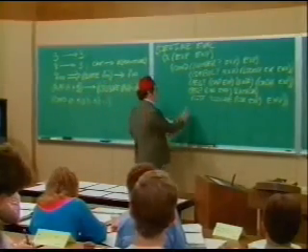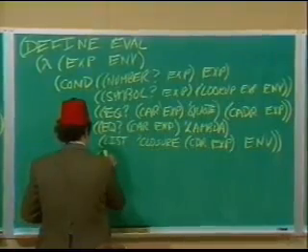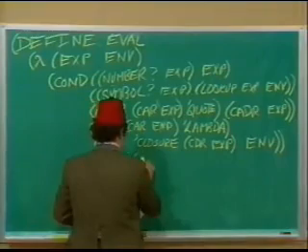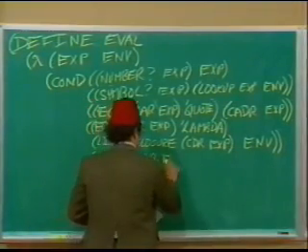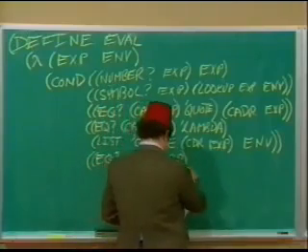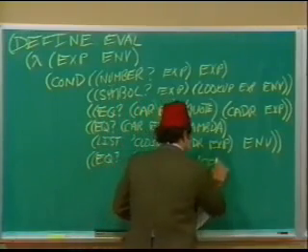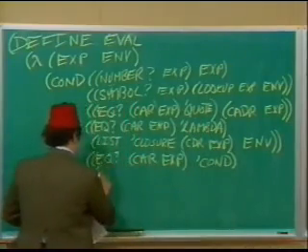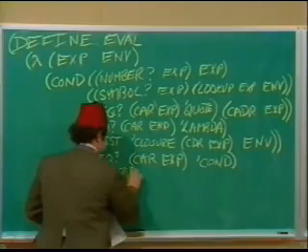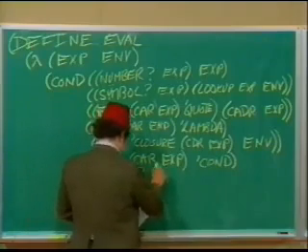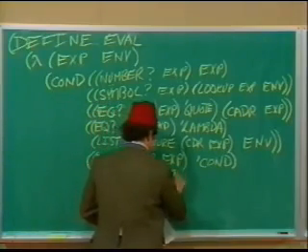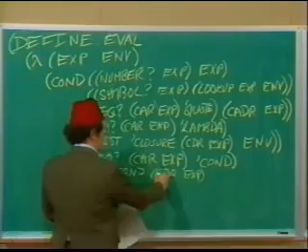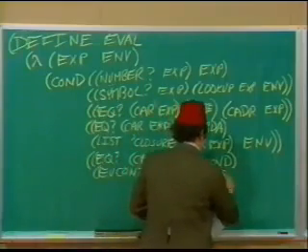We're going to worry about that in another piece of code. So if the car of the expression is cond, then I'm going to do nothing more than evaluate the cond, the cdr of the expression, that's all the clauses, in the environment that I'm given.